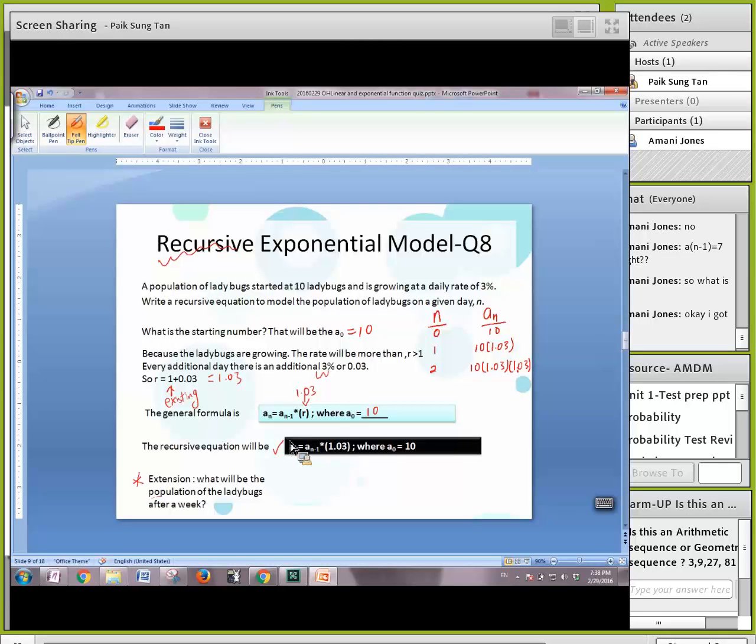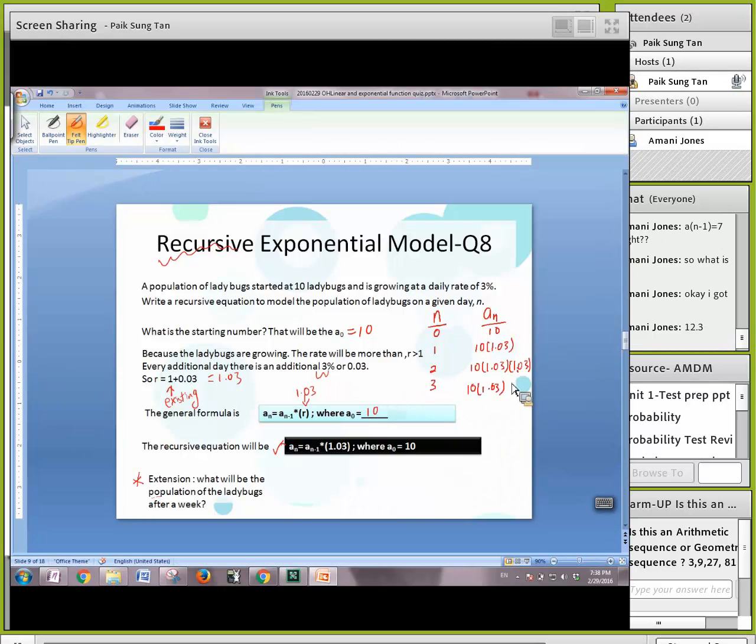What is a? This a is just like when you write a function rule, y equal to. It's just an alphabet to represent that this is a recursive formula.